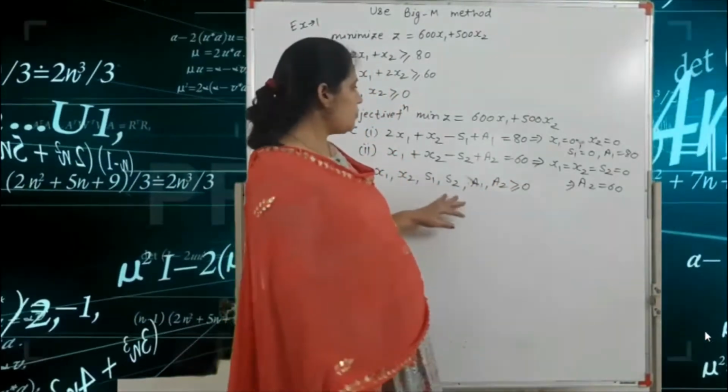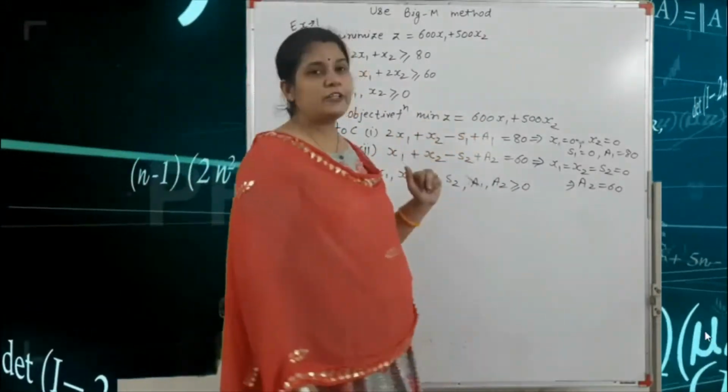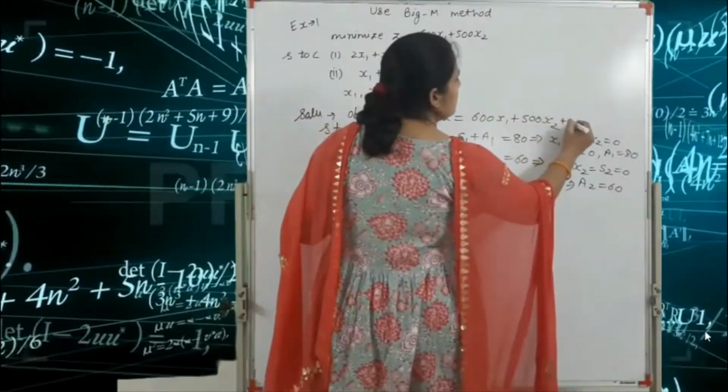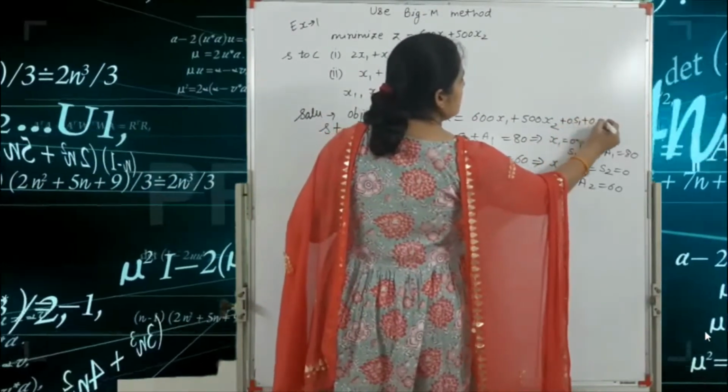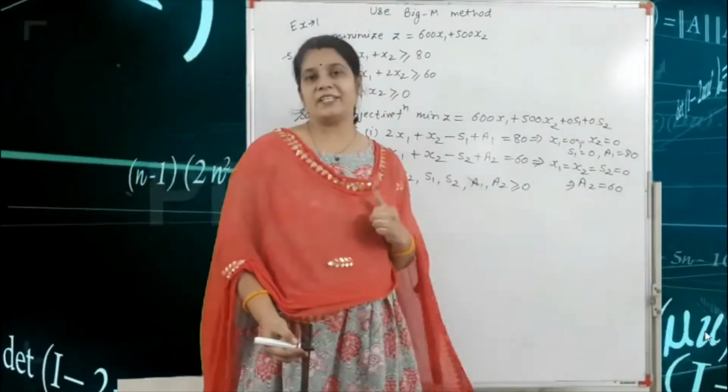Okay, so for the modification of our objective function, here you write 0·s1 + 0·s2. And what about a1 and a2?